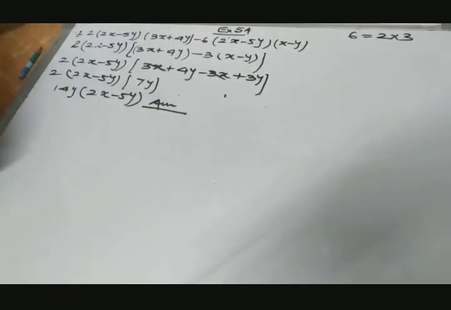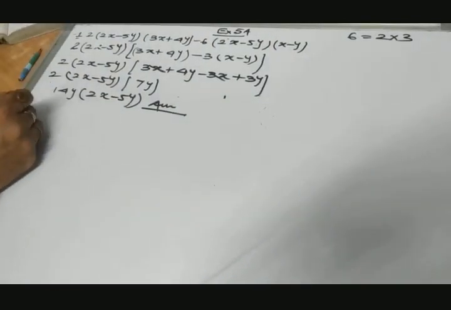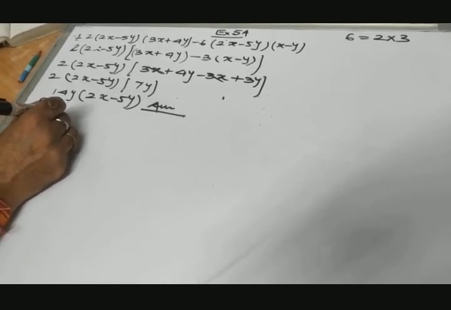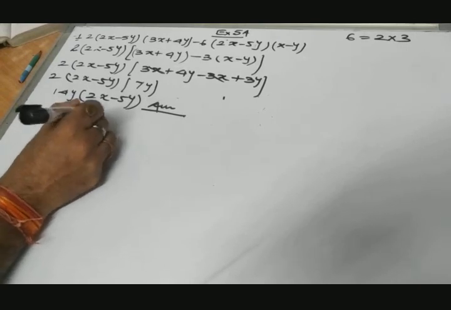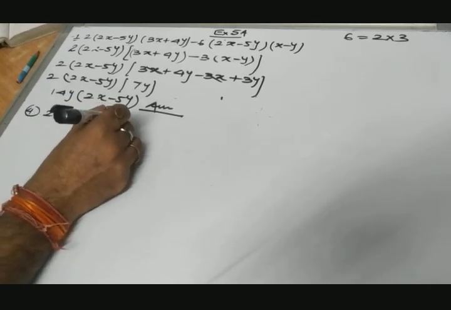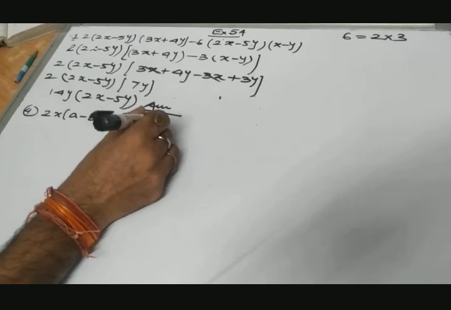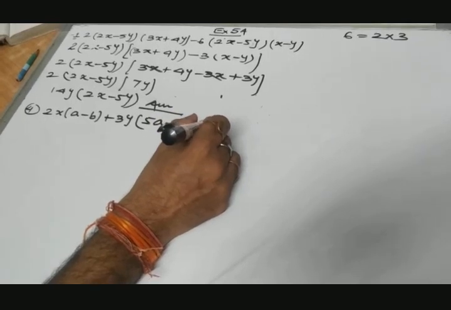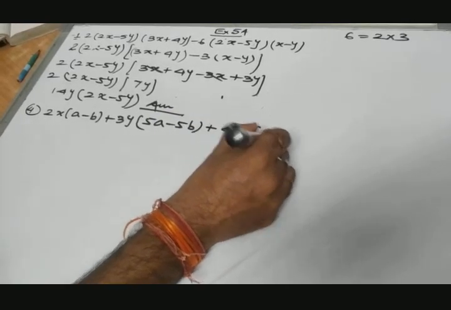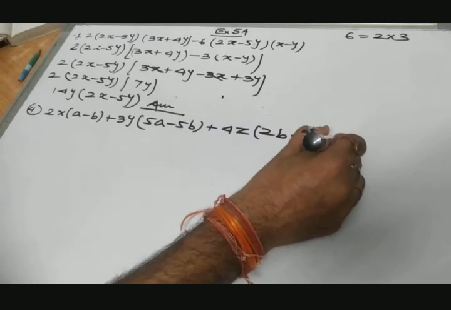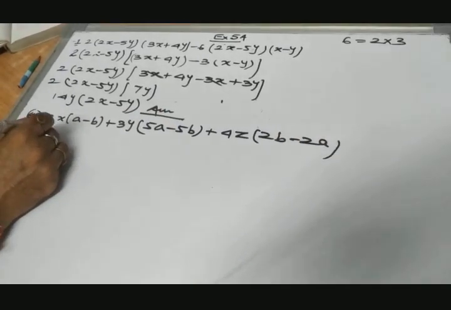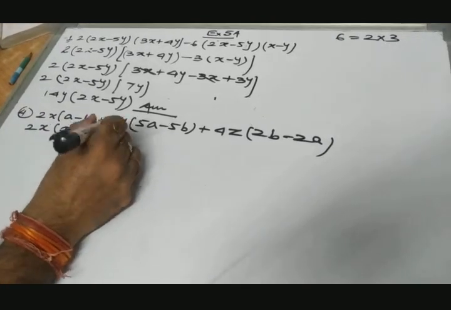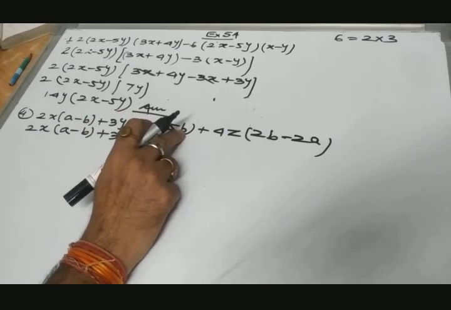Now we will discuss question number 4. Question number 4 is 2x into (a minus b) plus 3y into (5a minus 5b) plus 4z into (2b minus 2a). Here we see that this term also contains 5 and this also contains 5.